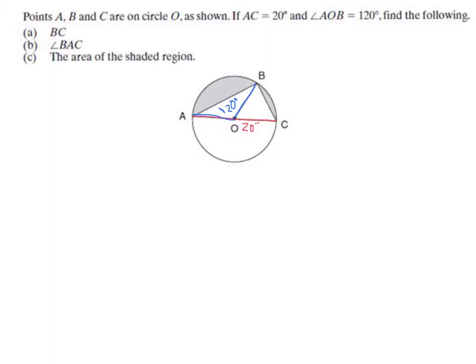Then, since we're looking for BC, we want to know what kind of triangle we have here. Now this angle goes with this arc, which is half of your circle. So that should tell you something about this inscribed angle. It should tell you what the degrees for it are. And that'll tell you what type of triangle you have here.